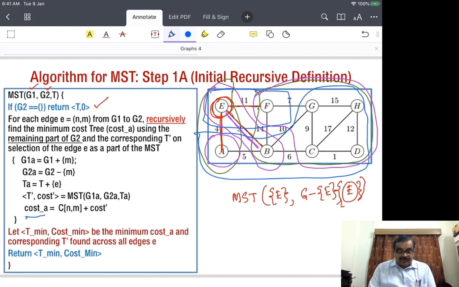Out of these three cost A's that we get from the three recursions, whichever is minimum will be cost min, and that graph will be T min, and that will be returned. It is easy to prove by induction. So it is a proof by induction.